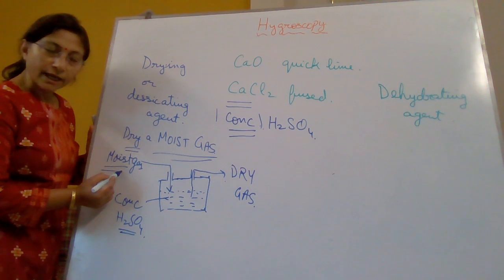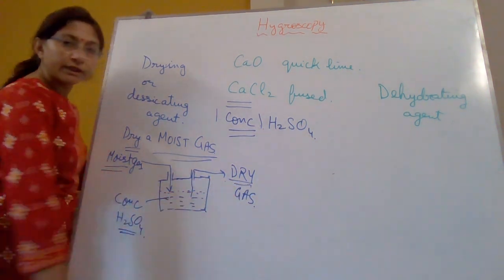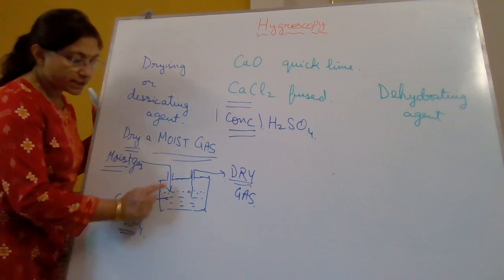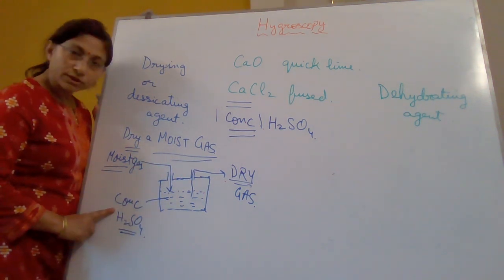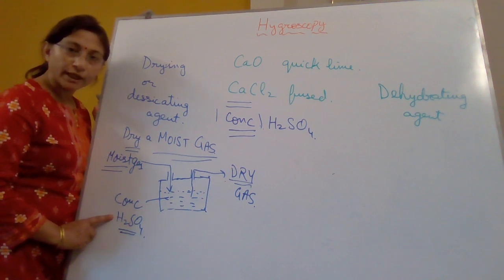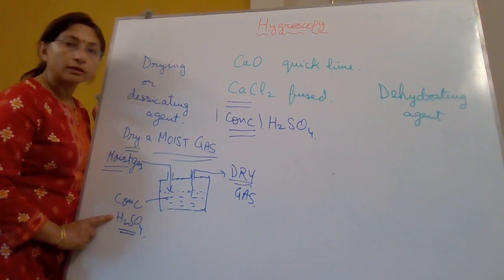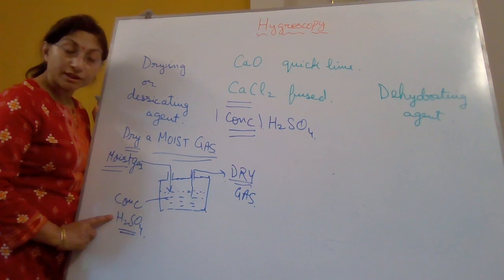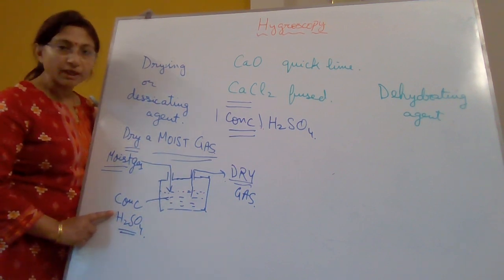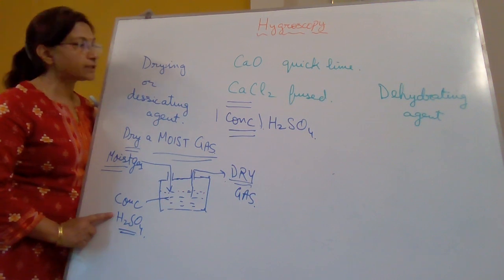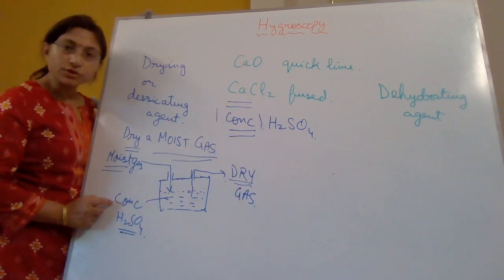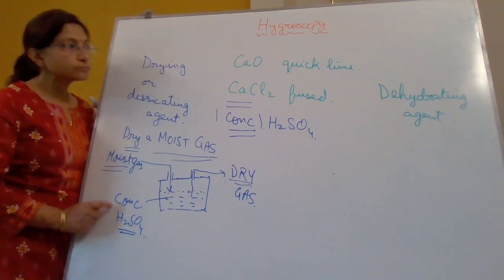It's the moist gas and the liberated gas is dry. Simply, the gas has been passed through the concentrated sulfuric acid, and here the concentrated sulfuric acid is acting as a drying and a desiccating agent. Which property of concentrated sulfuric acid is making it a drying agent? That is the hygroscopy of the concentrated sulfuric acid.